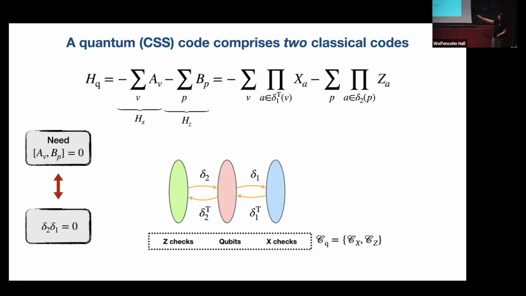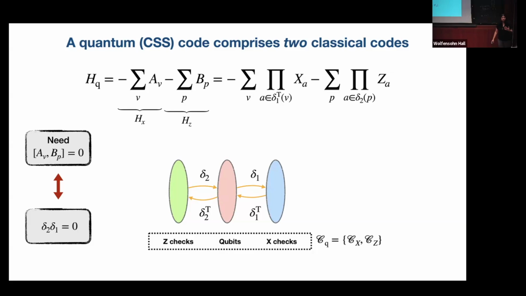So if you picked your HZ and HX to both be good, then you cannot both make them LDPC and satisfy this property, okay? So there has to be some extra structure that you need to add to get these types of quantum codes. Now, it turns out that the extra structure that you have to add is already hidden in what's there in this slide.